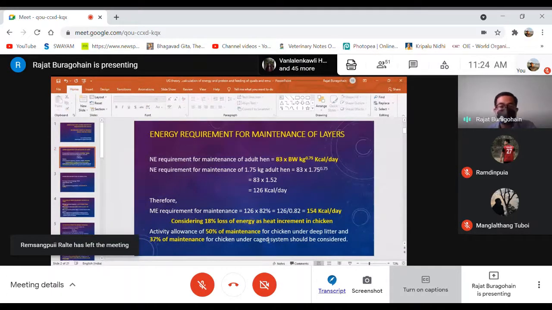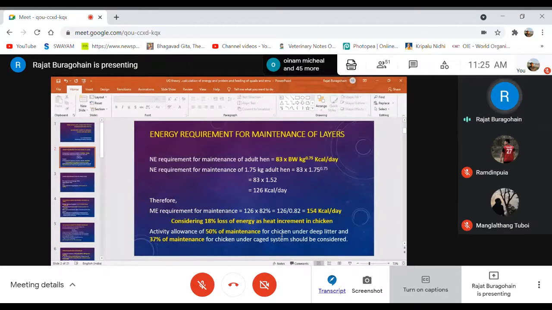If we rear the layer under the cage system of management, it will be 37% of the maintenance. It is less in the case of the cage system, because there is very limited chance for moving here and there, running or flying. Therefore, the energy requirement for activity will be less.